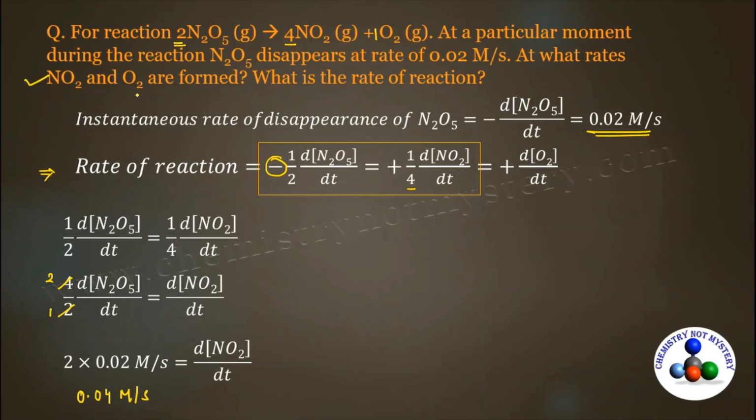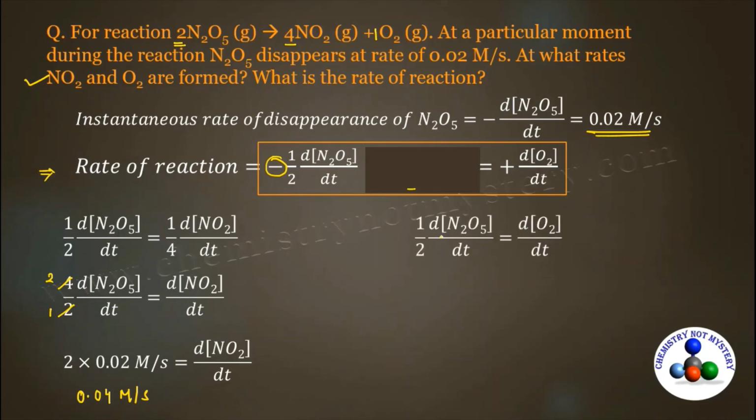Now come to the rate of formation of O2. For that, you can get the relation from the rate of reaction, that is 1 by 2 d N2O5 over dt is equal to dO2 over dt. Now write down this relationship. Half dN2O5 over dt is equal to dO2 over dt. Now place the value of disappearance of N2O5 over dt that is given in the question.